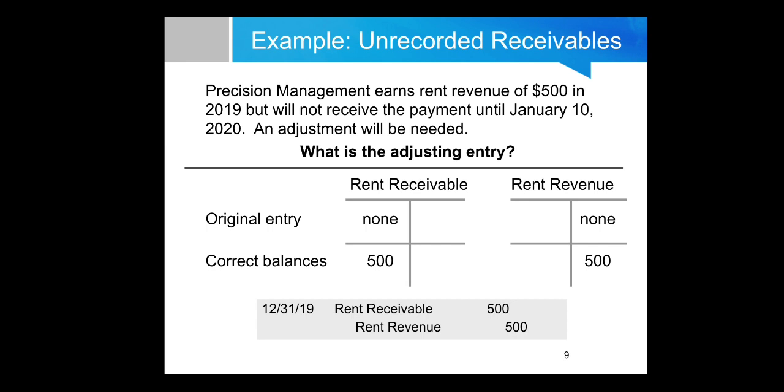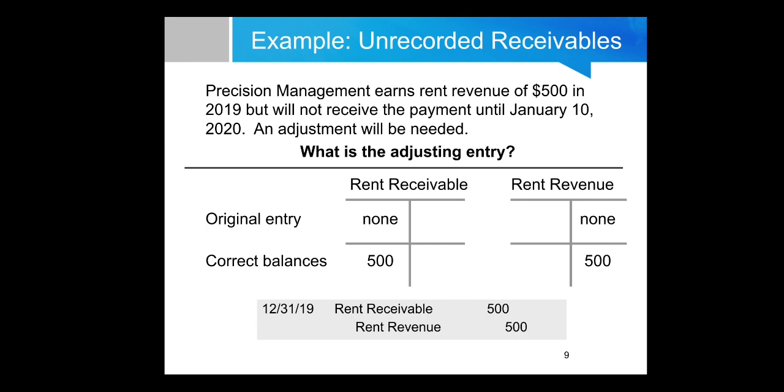You have to be aware that the business will receive $500 cash next year, in year 2020. So that is an asset. In accounting, if you have a business, and your business will receive something in the future, that is an asset.